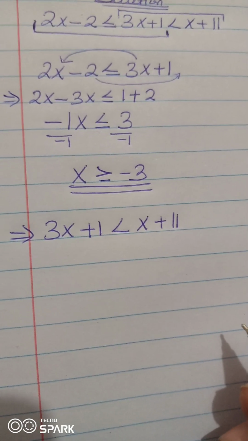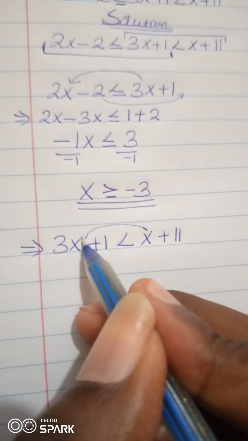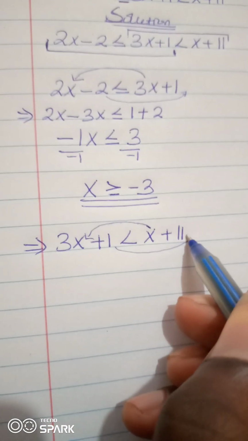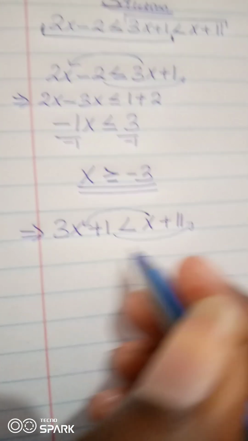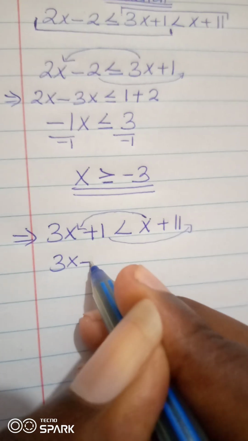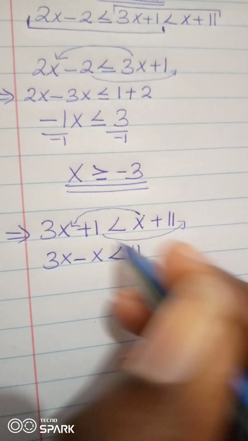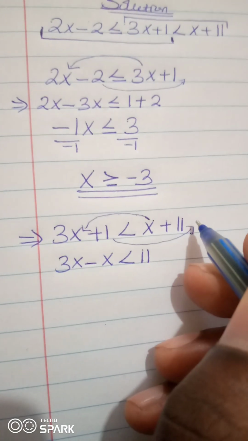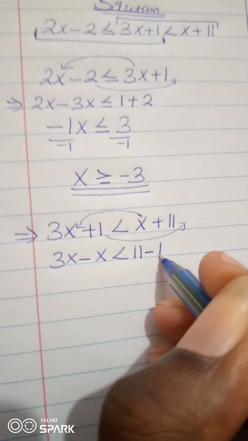Again, bring the like terms together. You'll take x to this side and take 1 to the other side. The x was positive, so it will be negative. So we'll have 3x minus 1x is less than 11. Positive 1 becomes negative when it goes to the other side, minus 1.